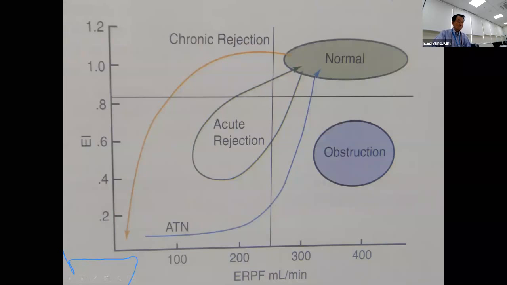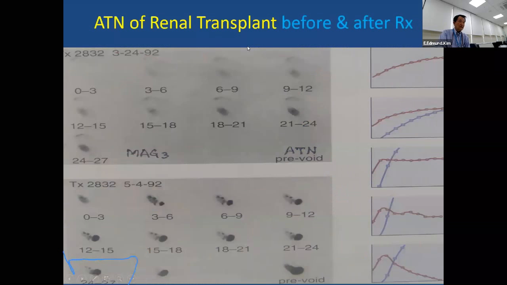So usually, we entertain acute rejection and ATN here, later some urinary obstruction, rejection. And this MAG3 continuous accumulation without dilatation of collecting system or ureter, that's a tubular necrosis.